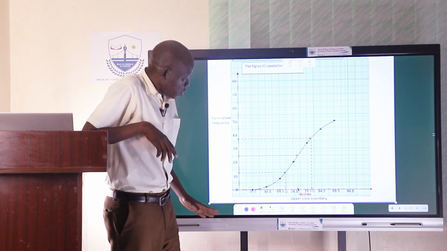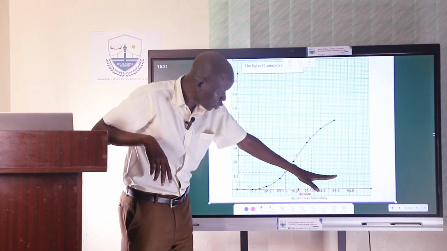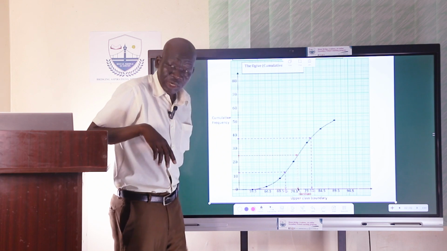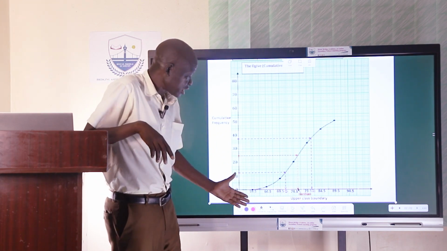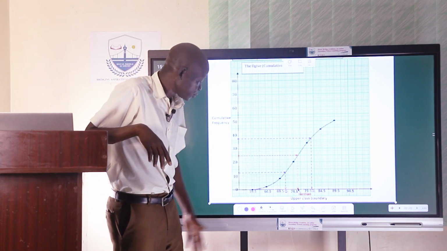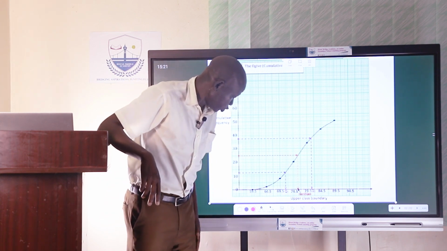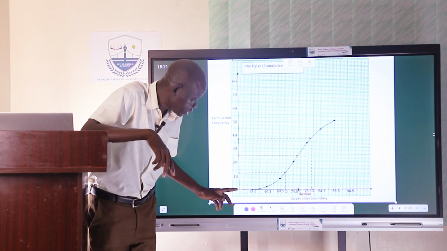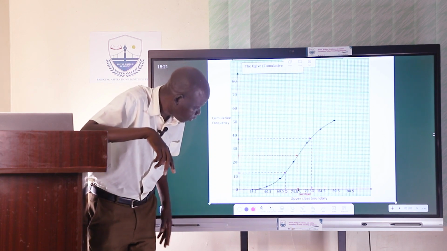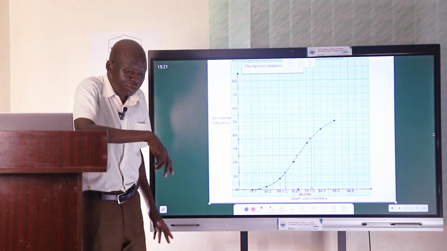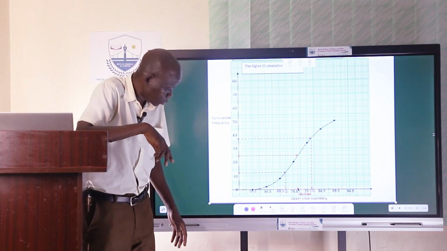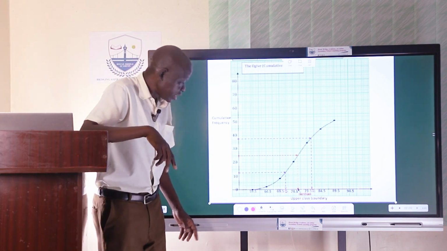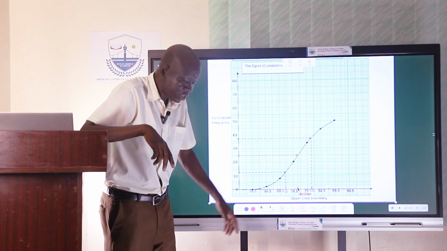Now, when you look at the horizontal values, we are going to look at, first of all, the scale. What does this scale mean? On the horizontal, we find that our values have started from 59.5. They have not started from 0. Now, the next one is 64.5.